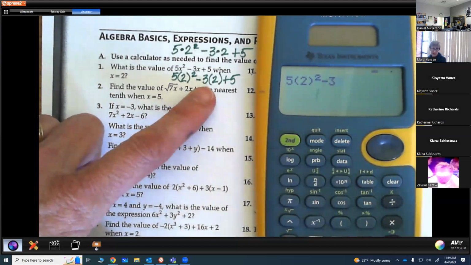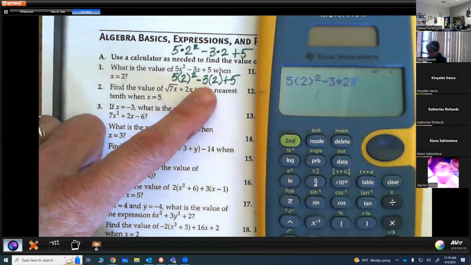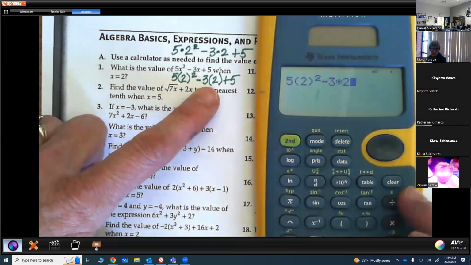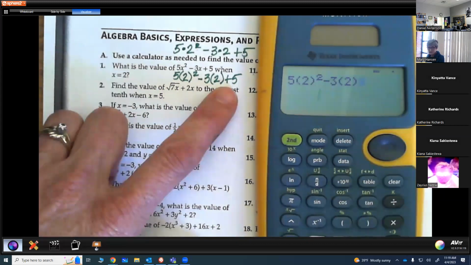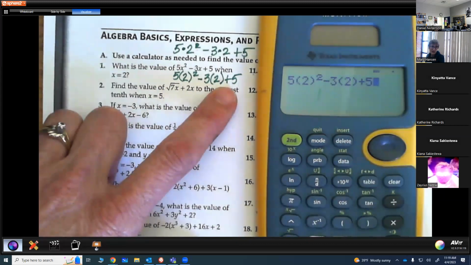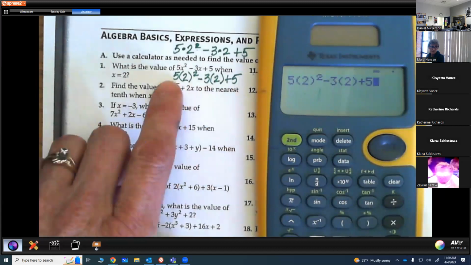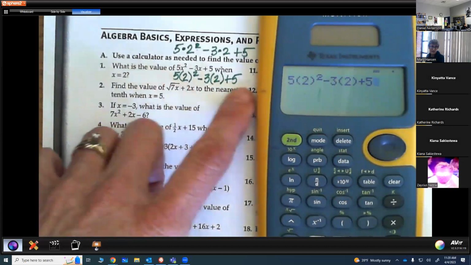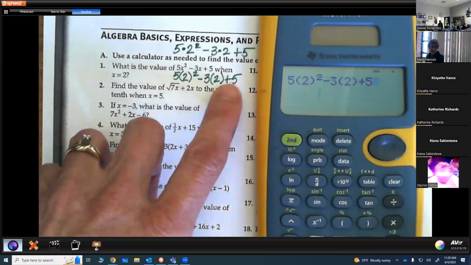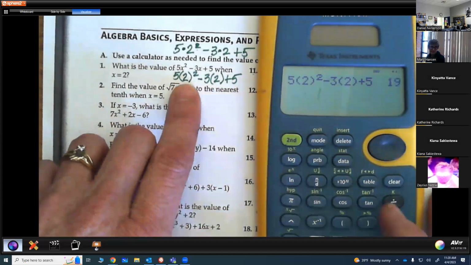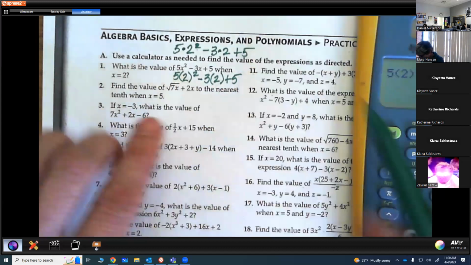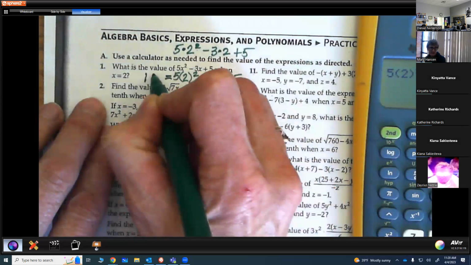You could put 3x2, or you can put in 3 parentheses 2, plus 5. Again, I can go back and proofread to see that everything looks the same as what I've written down before I press the enter key. And so that answer is 19.